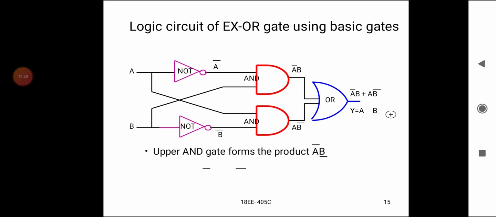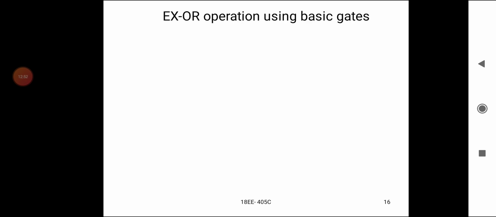The upper AND gate forms product A complement B. The lower AND gate forms the product A B complement. Output Y equivalent to A complement B plus A B complement, which is equivalent to A exclusive OR B.